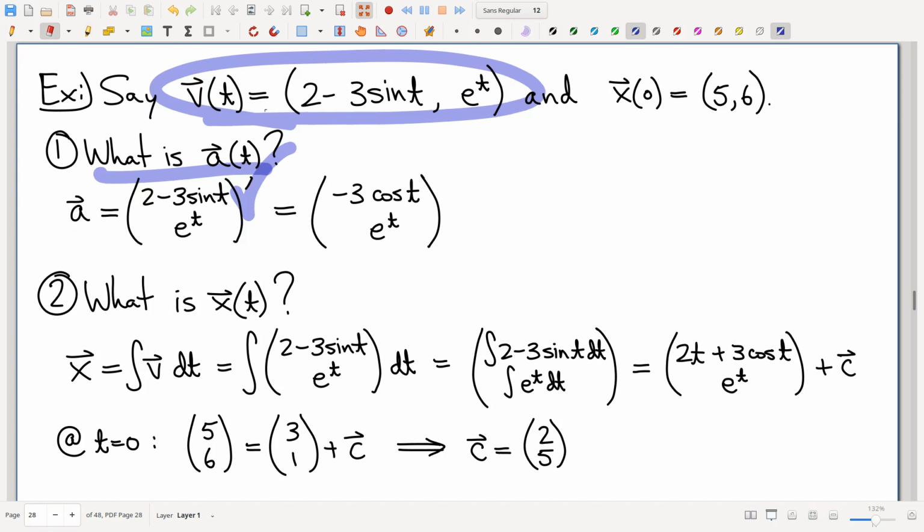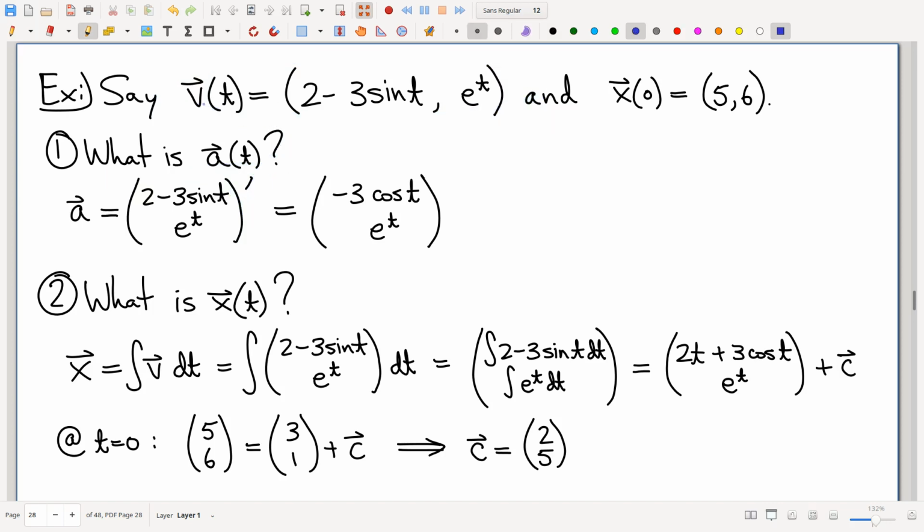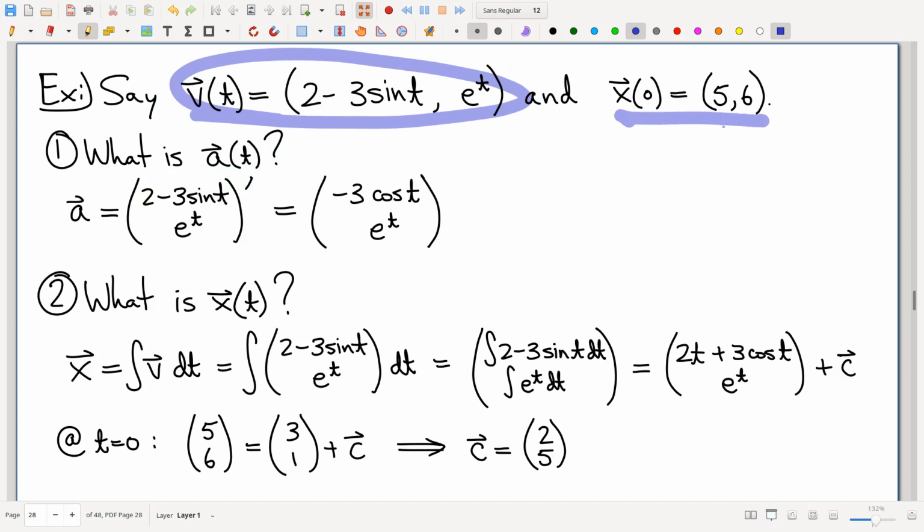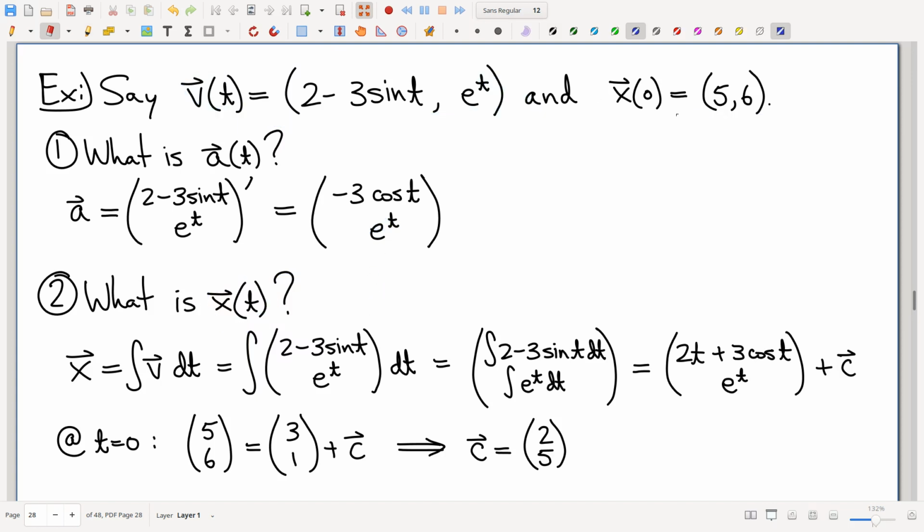Okay. All right. Again, given velocity and a starting position, what is your position now as a function of time? And this is just an antiderivative. Now you do have to be a little bit careful as you think this through.